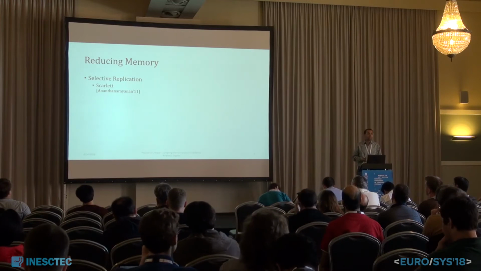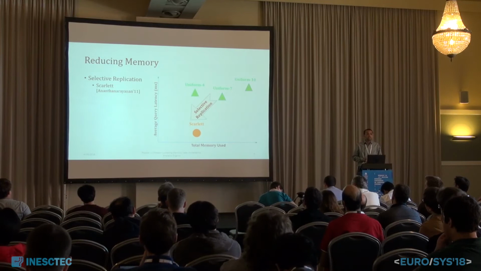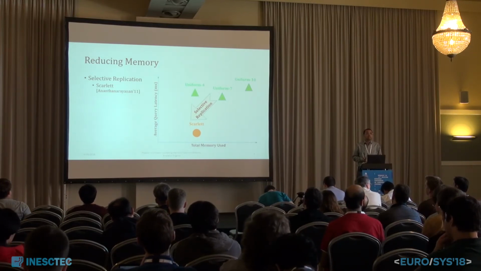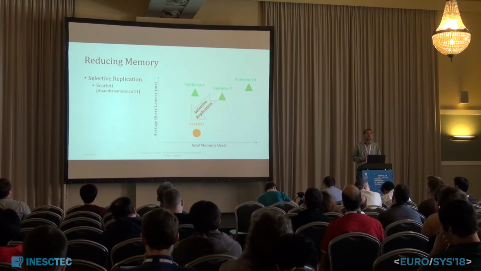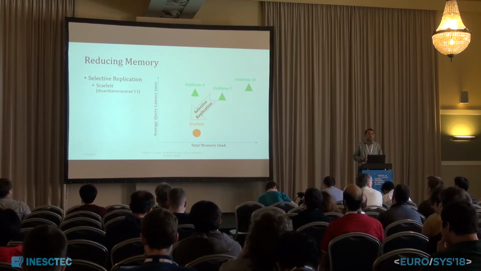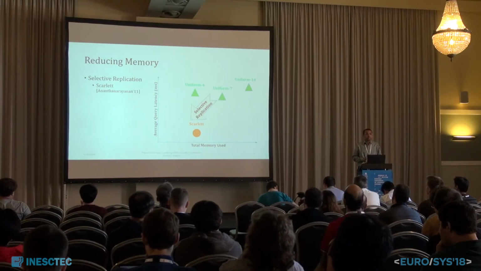An example system in this space is Scarlett. Scarlett reduces memory by assigning replication based on the number of concurrent accesses a block in an HDFS file sees. We implemented our version of this algorithm and ran the same experiment. We observe a 2.15x reduction in query performance with 1.75x less memory.